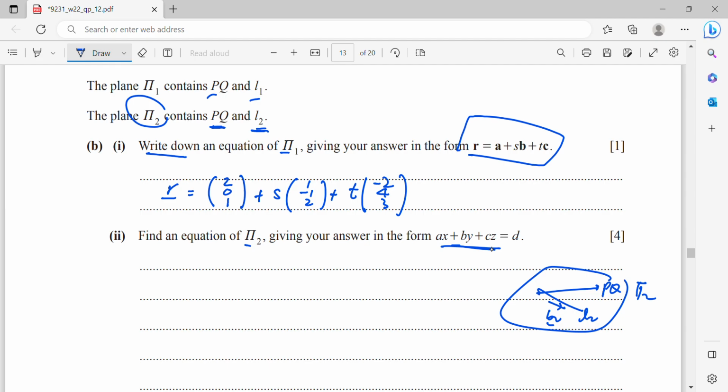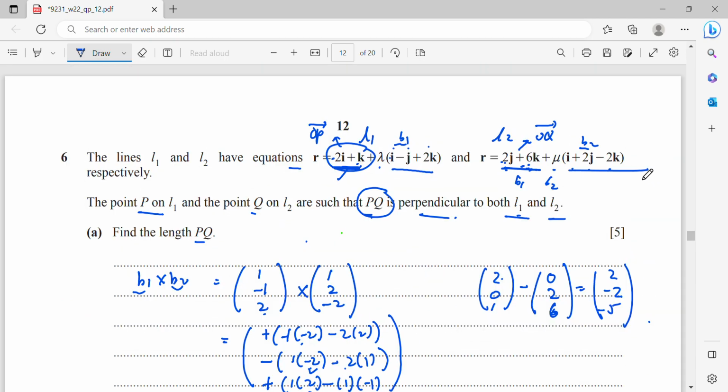Here P, here Q, for example. So probably I can just write PQ over here. Your plane pi 2 has normal N2, which is perpendicular to both of these. So to get the vector which is parallel to N, we use cross multiplication. This 1, 2, minus 2 is from line 2, here, B2.